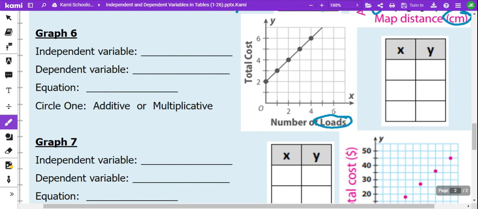So it looks like we have loads, the number of loads, and then the total cost.